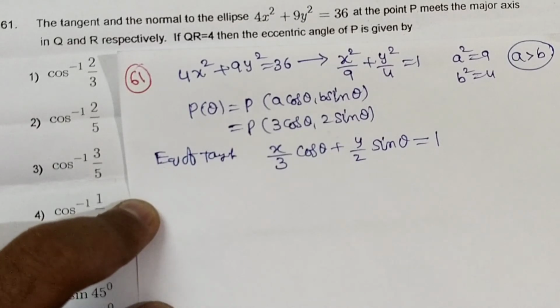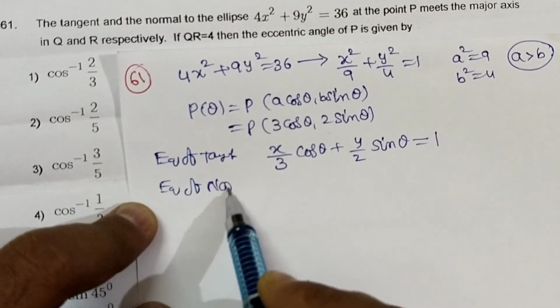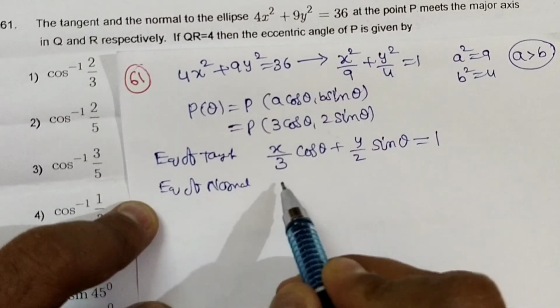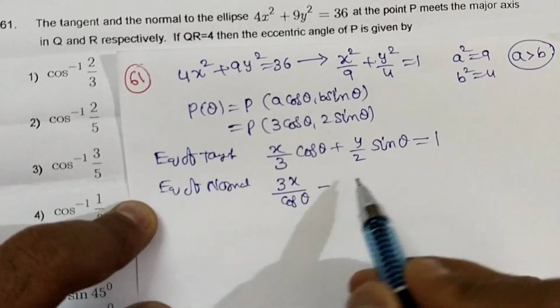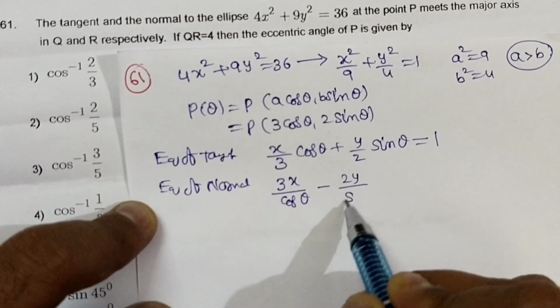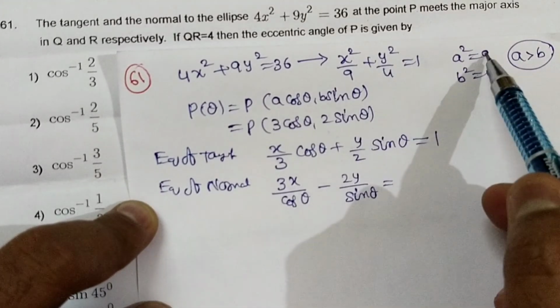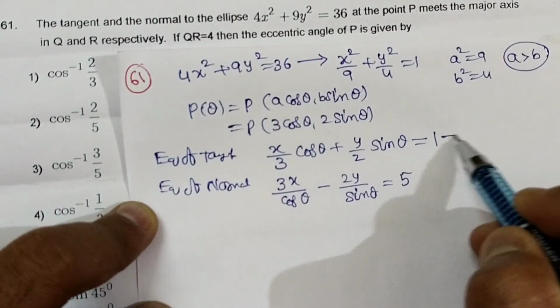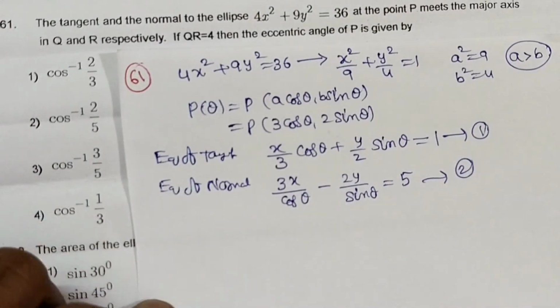Here a is 3, so 3x by cos theta minus 2y by sin theta equal to a square minus b square, which means 9 minus 4 equal to 5. This is equation number 1 and equation number 2, the equations of tangent and normal.